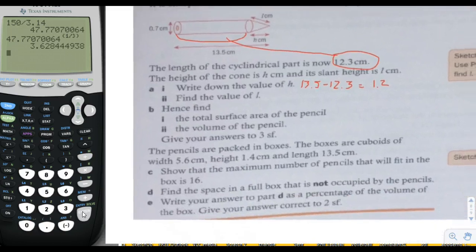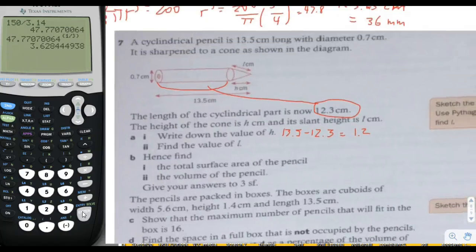Okay, now find the value of L. Well, if we draw a little picture of the cross section of the cone, we know that the height of the cone is 1.2, and we know this part is L. The base of this triangle would be 0.35. So now we can use Pythagorean theorem to find L. L would be equal to the square root of 0.35 squared plus 1.2 squared.